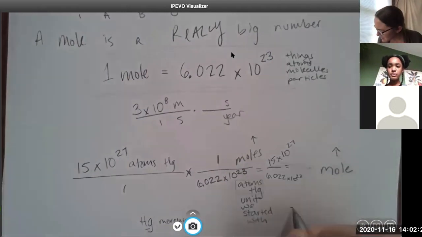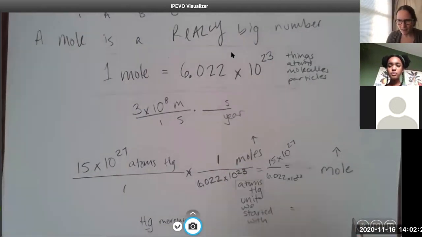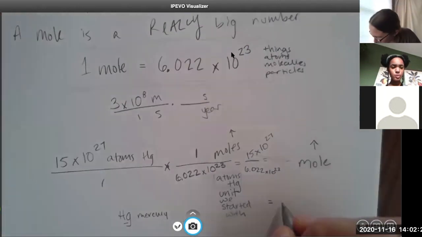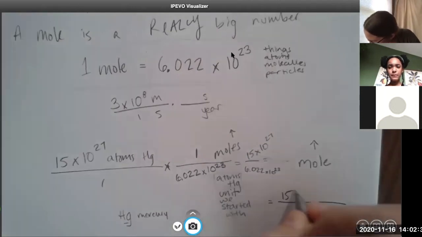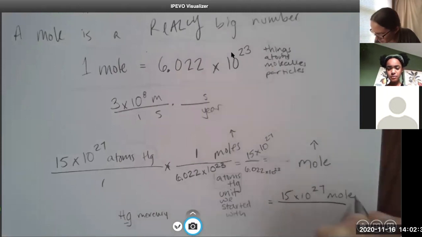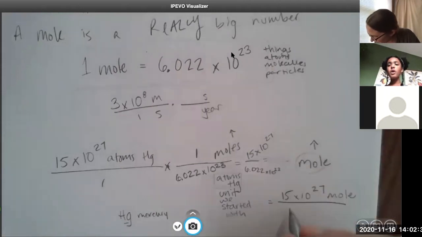It's always a good idea to. So I'm just going to write it bigger down here. And this mole, I'm just bringing that along.